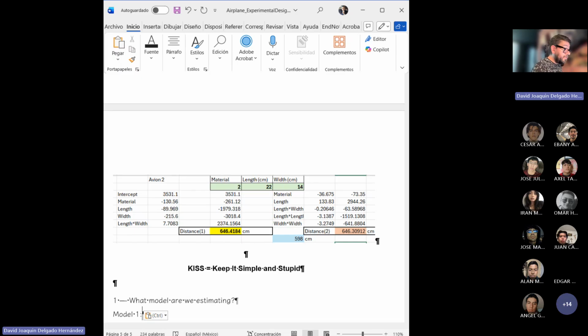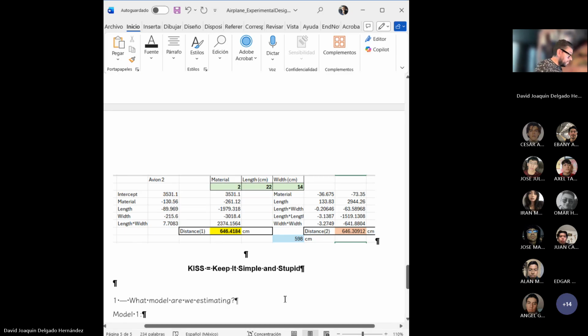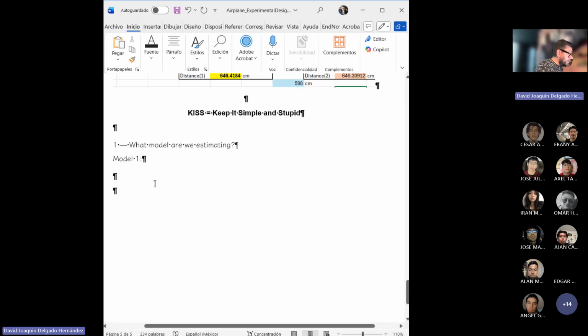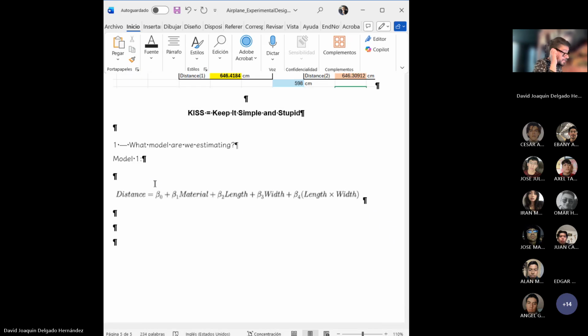In the first case, what model are we estimating? I am going to put it here. This is model number 1. This is the model that we are estimating.